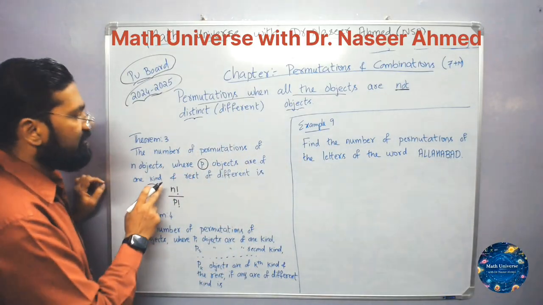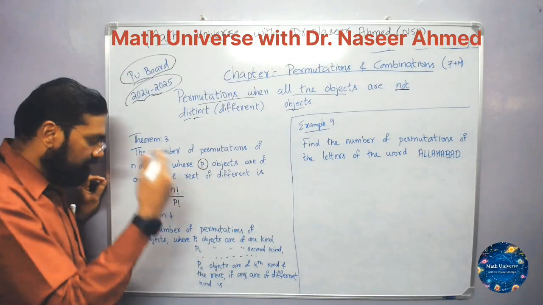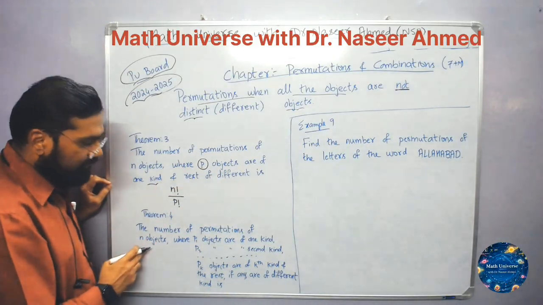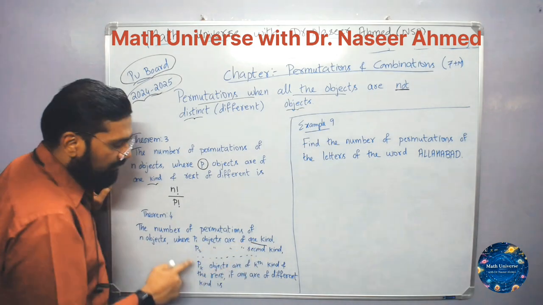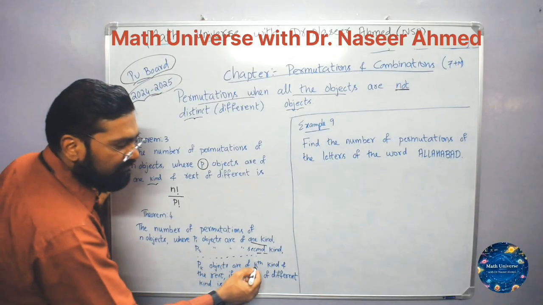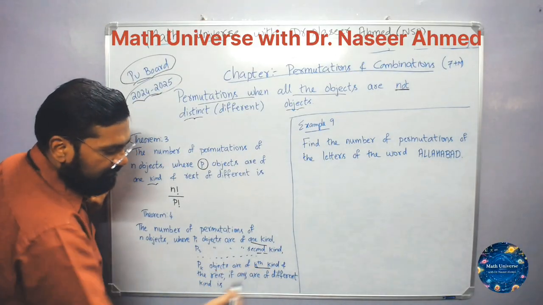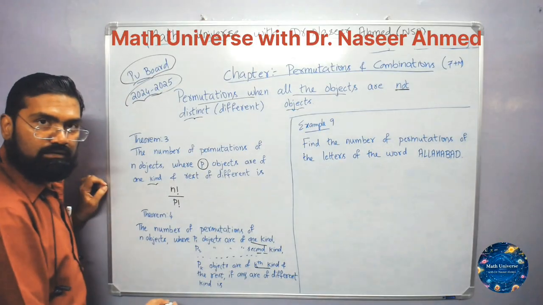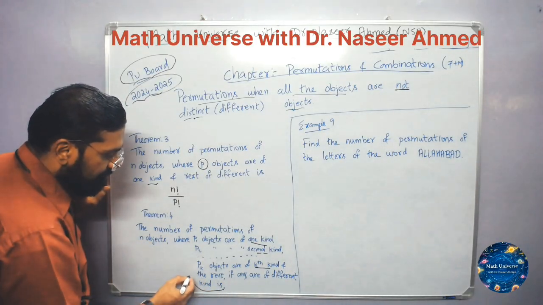Here we have said only p objects of the same kind. It may also happen that out of n objects, I have p1 objects of one kind, p2 objects of the second kind, like this pk objects of the kth kind, and let us suppose the remaining are different. Then what could be the permutation, nothing but arrangement? Let us write the answer here.